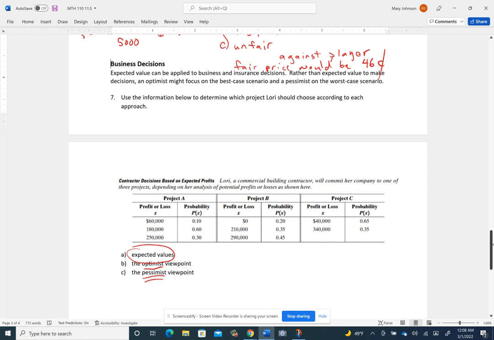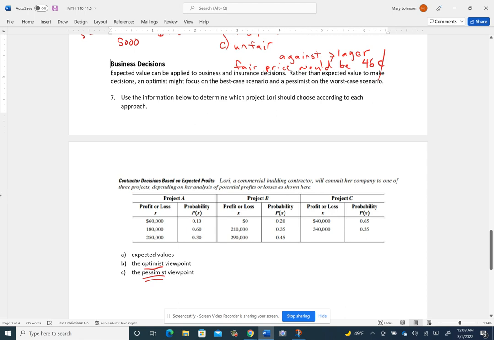So here we have some projects, and Lori is a building contractor, and she's going to decide which of these projects to choose. So if she decides that she's going to use expected value, what she would want to do would be to calculate the expected value for each of the projects.